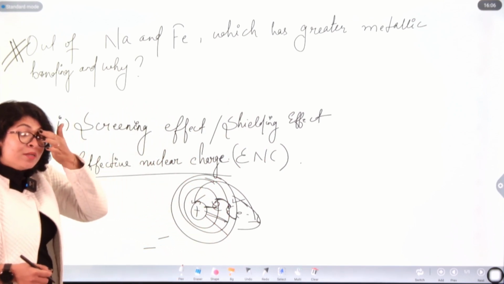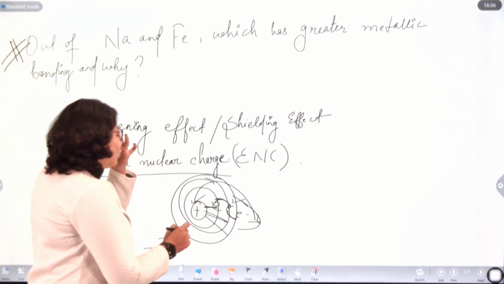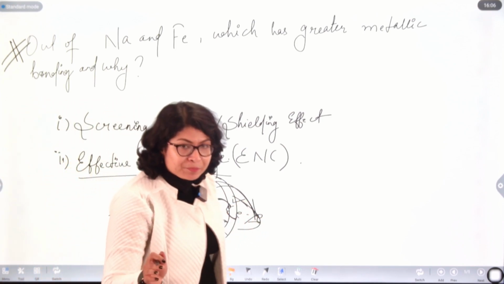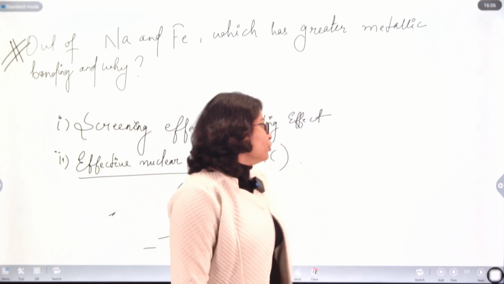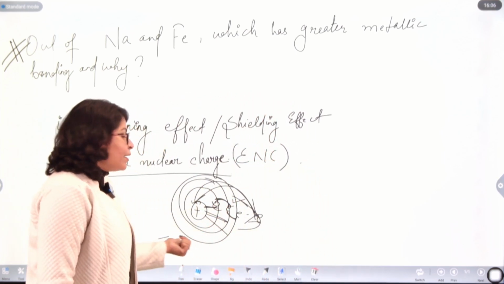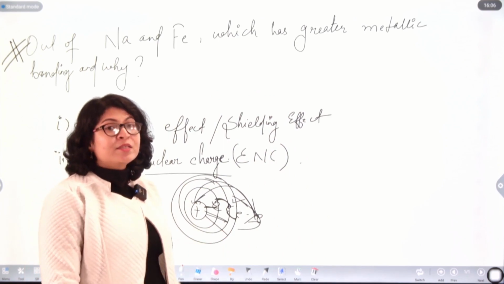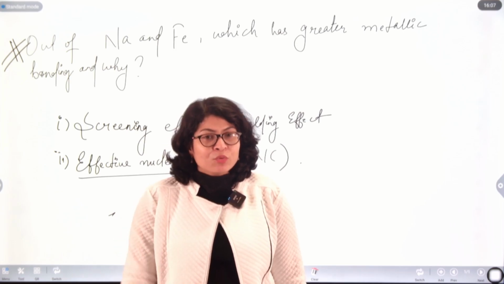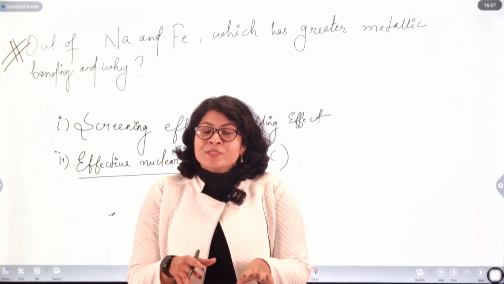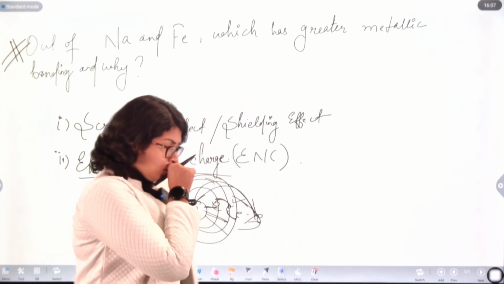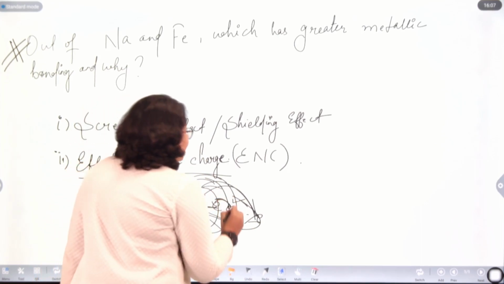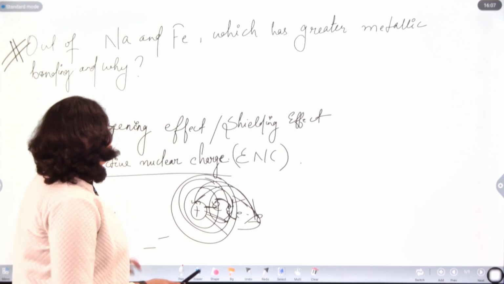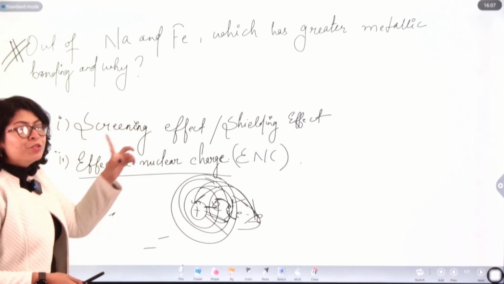What is the density of electrons the nucleus has to come across to reach the electron at the other end? Got it? So these electrons act as a barrier. Basically they act as a shield that protects the outermost electron from the effect of the nucleus, right? So this hindrance or this diminishing of nuclear charge on the outermost shell is called screening effect or shielding effect.